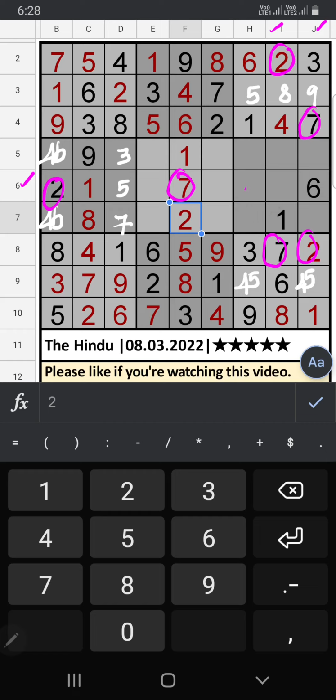So 2 and 7 can't come in these cells. It will come in any one of the cells. 7th row, we have 2, so 2 can't come in this cell. 2 is confirmed here, then 7 is here. 6th row and 7th row, we have 7, so 7 can't come in these cells. Then 7 is confirmed here. Then column D, only 2 numbers are remaining, 3 and 5. It will come in any one of the cells. We will confirm later.